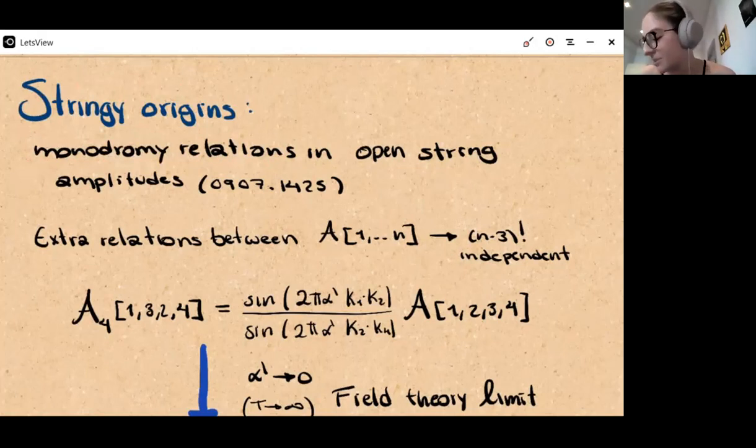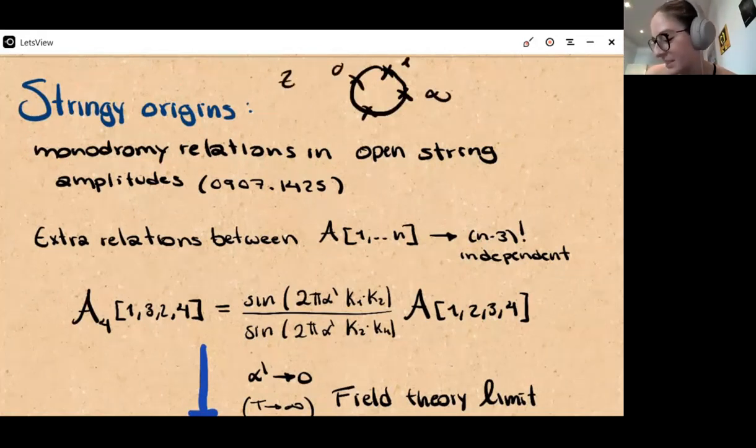So for the string amplitudes, for the open string, you have an integral over the disk, and you have integrations where, if you fix 3 of the points on the disk, then you use your SL2C symmetry. So say you have a 4-point amplitude and 3 of those are fixed at the usual 0, 1, infinity in the z plane.